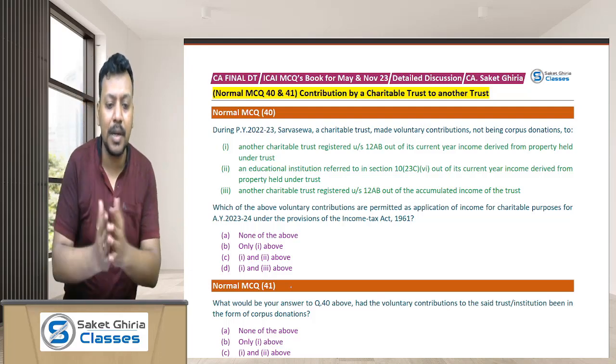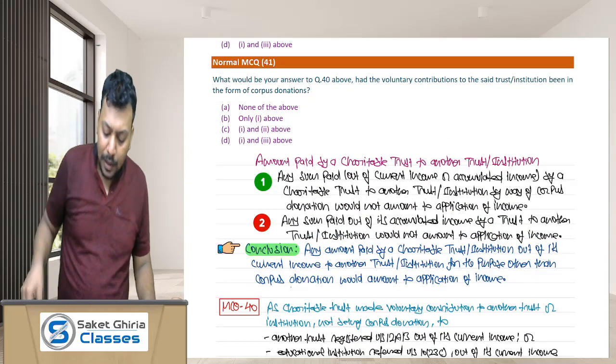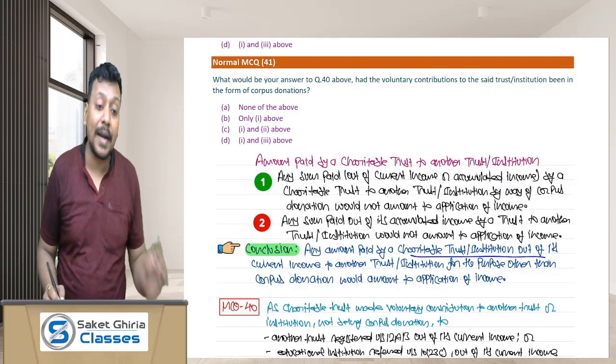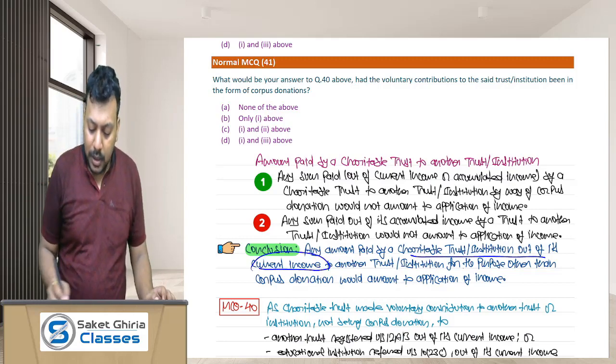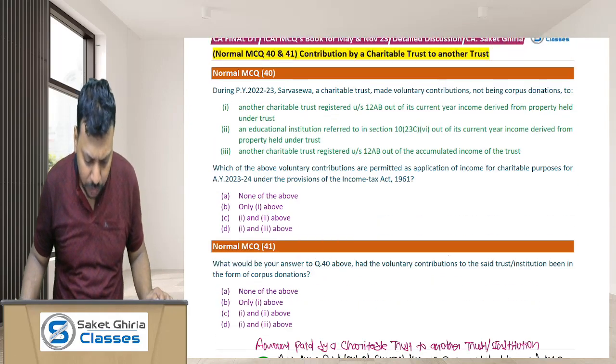So sir, in summary, what do you want to say? Dear, in summary I want to say, any amount paid by a charitable trust institution out of its current income to another trust for the purpose other than corpus donation would amount to application of income. Okay, so I will not take much of your time.